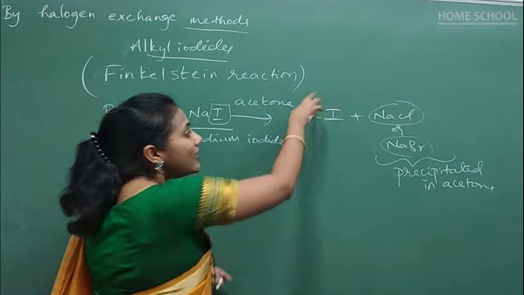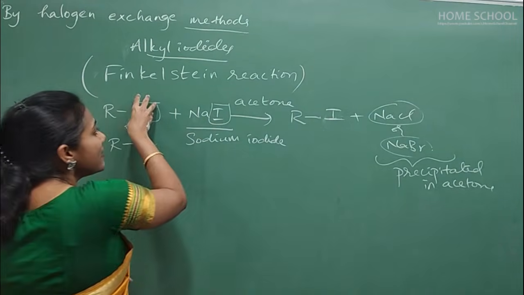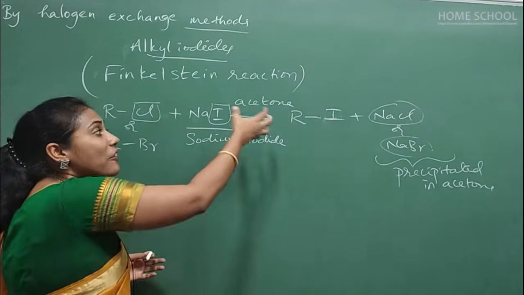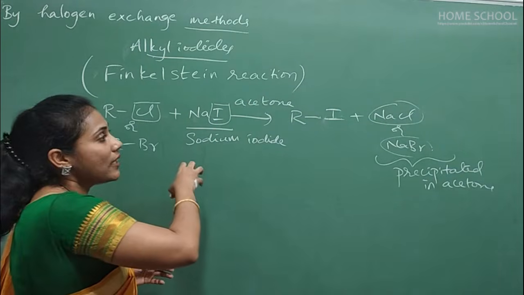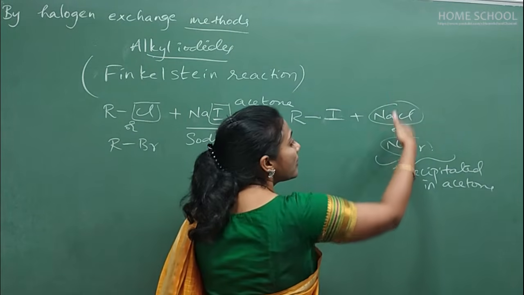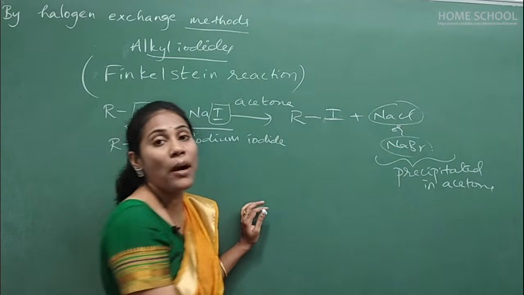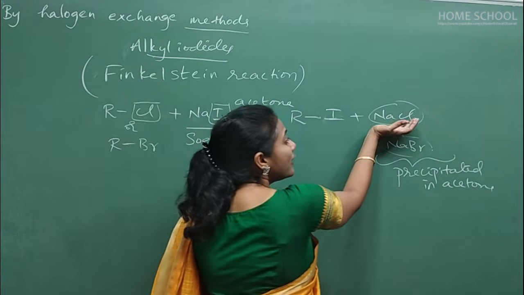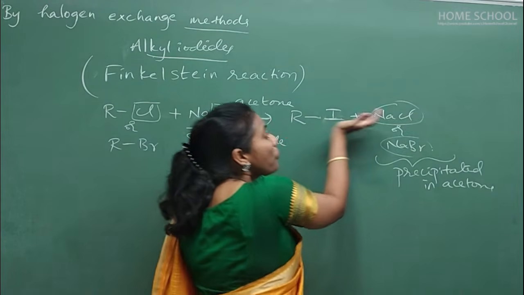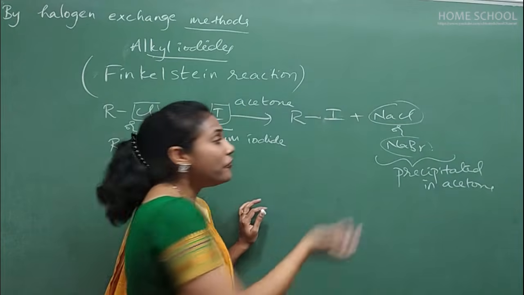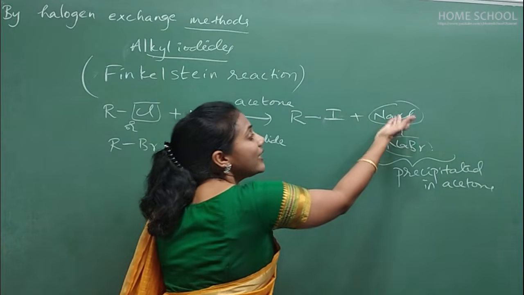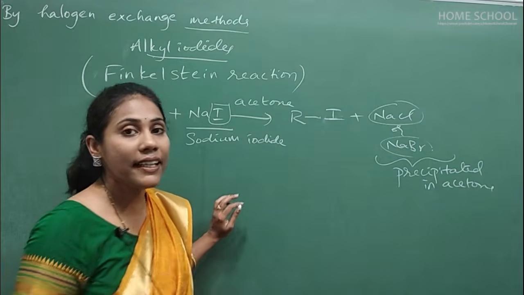What if this and this react to give this? It's a waste, right? So to avoid that reversible nature, from time to time we should remove the byproduct that is formed. The byproduct shouldn't be available to RI in a pure form. If it is available, it would react with RI and you will get back the reactants.